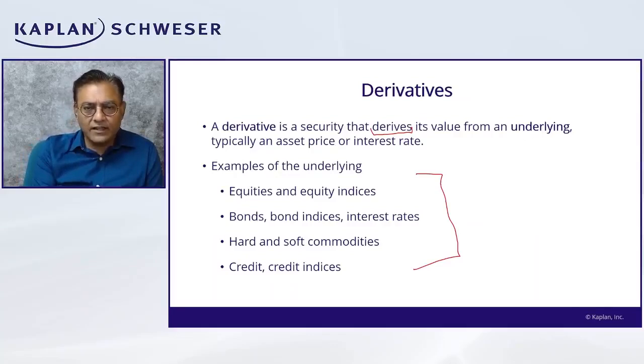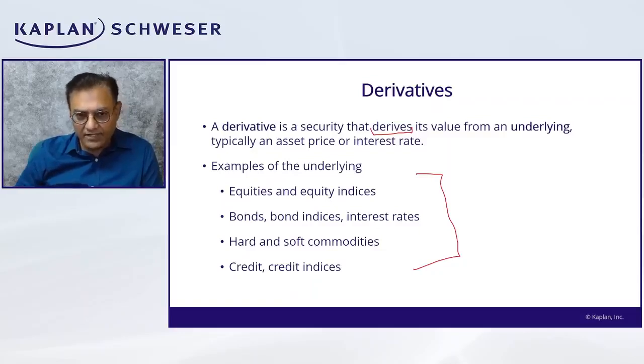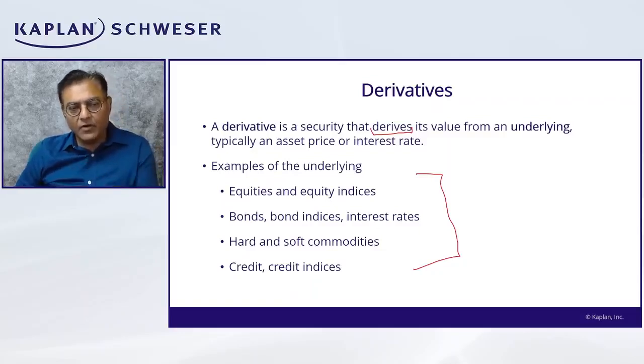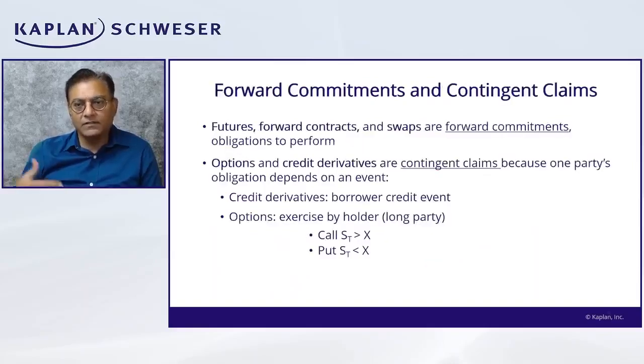It can also derive its value based on commodities as well as credit and credit indices. So the underlying can be a variety of different types, and obviously the derivative's value differs based on the fluctuation in the value of the underlying.